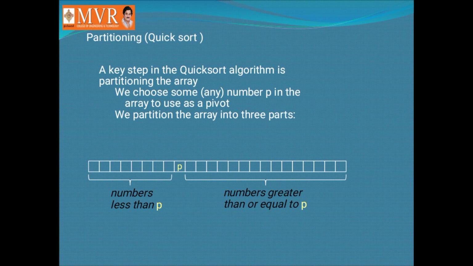There is a diagram, and in this diagram you assume that all our elements are arranged there, and I assumed one element as the pivot element and kept it as p. On the left side of p the numbers less than p will appear, and on the right side the numbers greater than p appear. As I have told, p is my pivot element. This is the key step in partitioning.